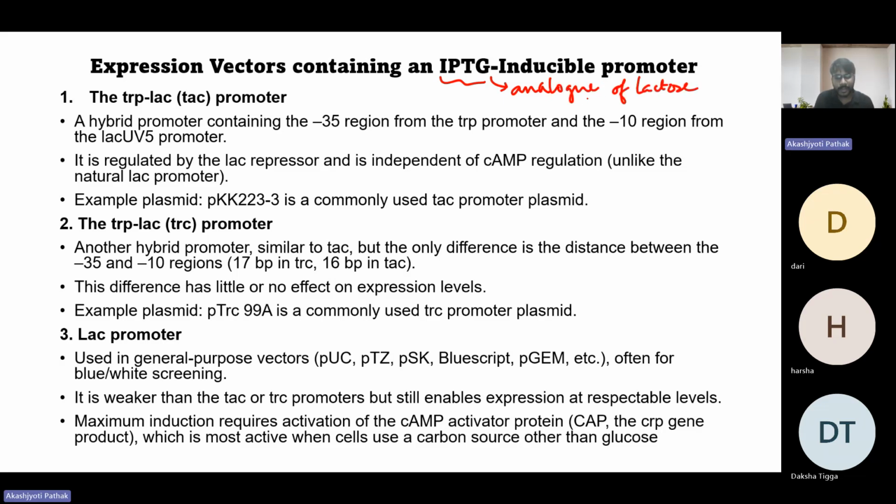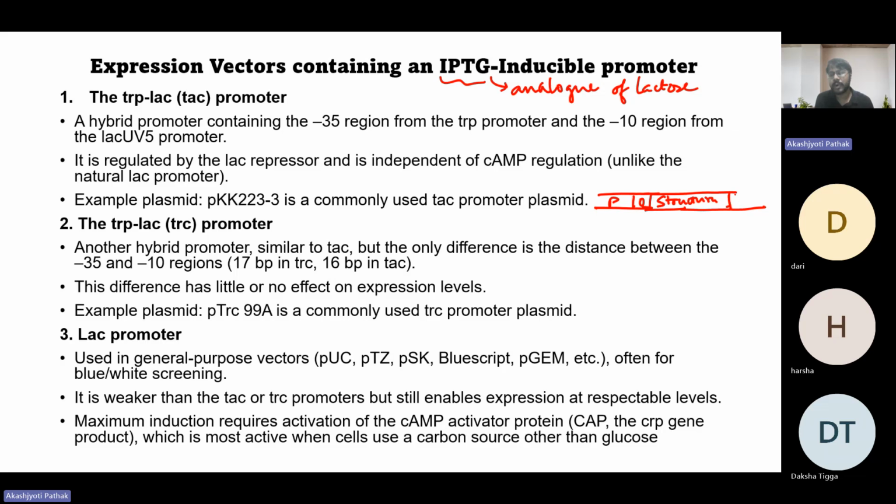If you remember a little bit about the lac operon, what is this lac operon which is present in bacteria? You have a promoter sequence, then an operator, and then the structural gene.